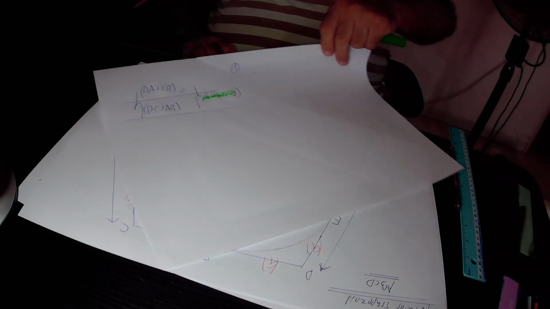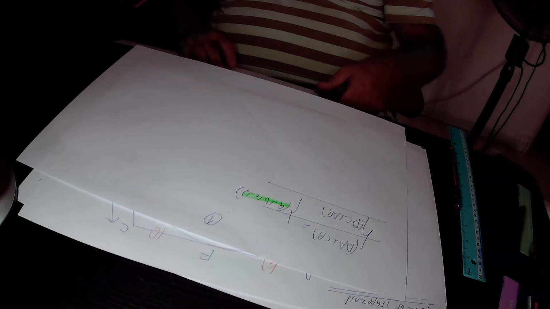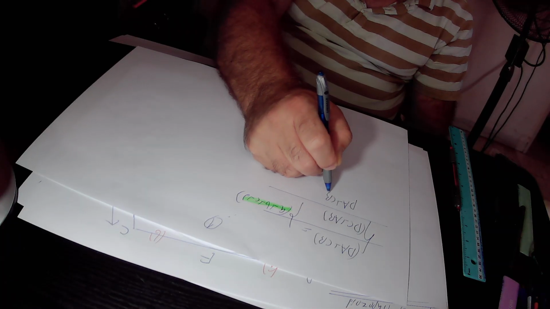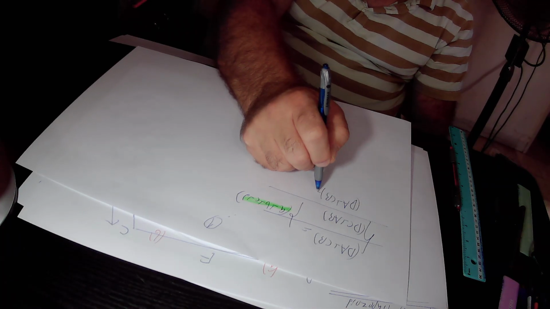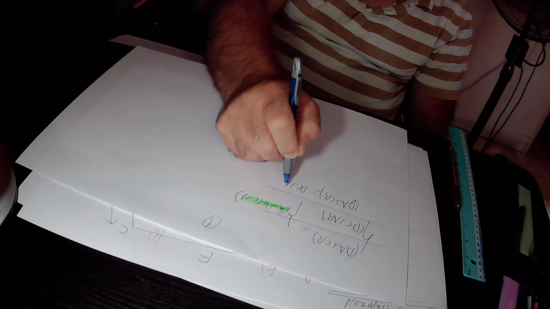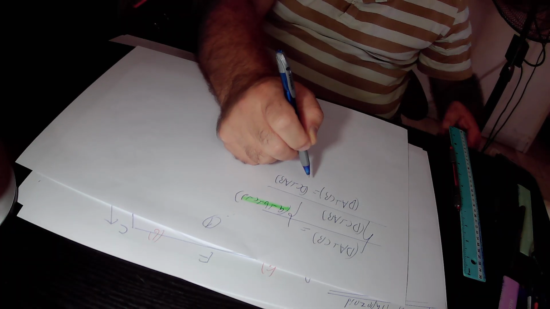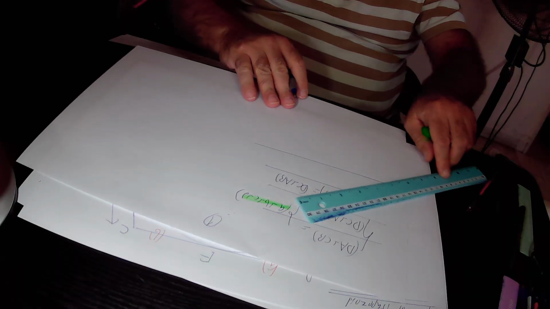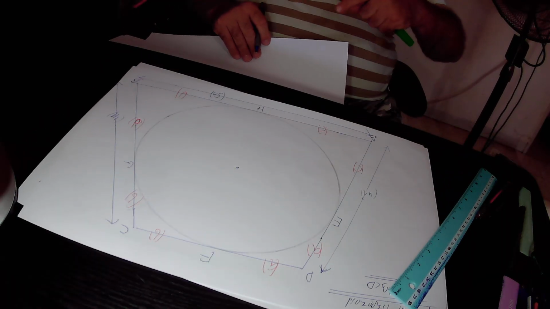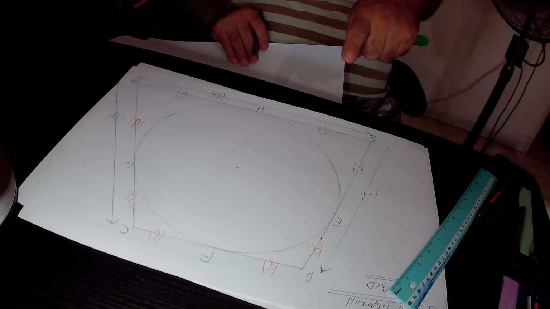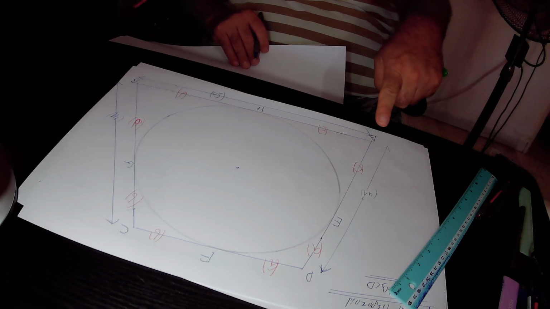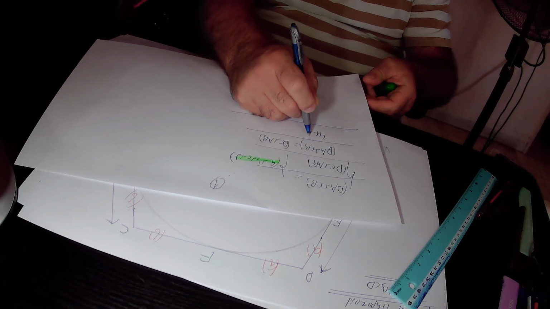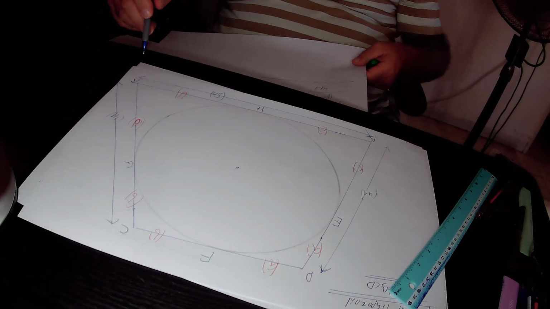So as you know, DA plus CB equals DC plus AB. DA equals 41 according to what is given in the question, plus CB also equals 41.